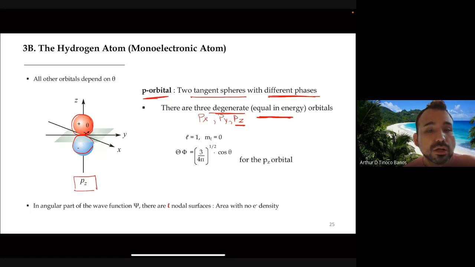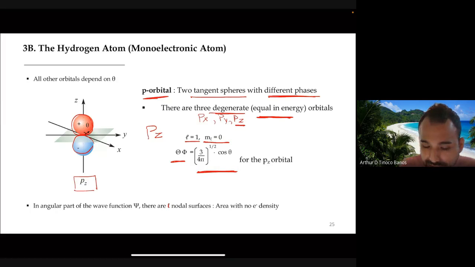Since we are focusing on the pz orbital, we're going to look at the quantum numbers. Here we have L equals 1 and m sub L equals 0. So we look up the angular wave function for this particular orbital, and this is the angular wave function.